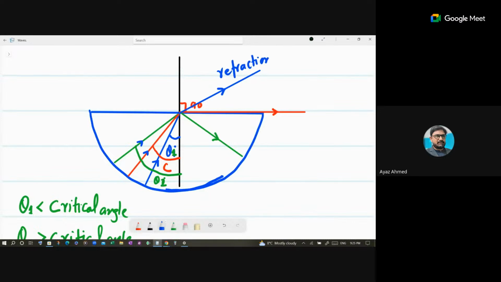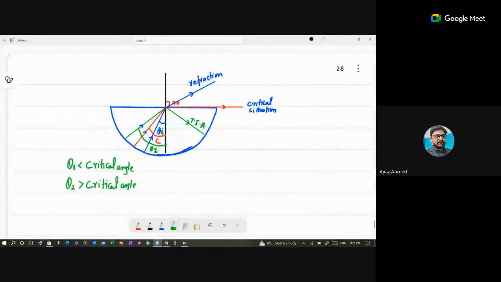The red one is neither a refraction nor a reflection, it is a critical situation. Are you getting this? And now this green one is your total internal reflection. Now is it clear?